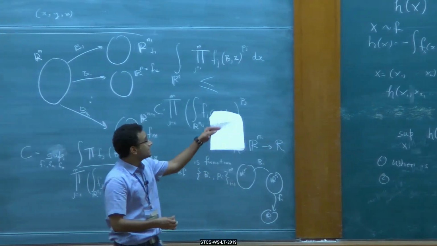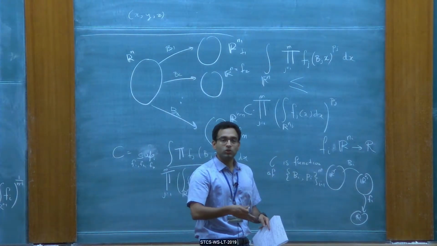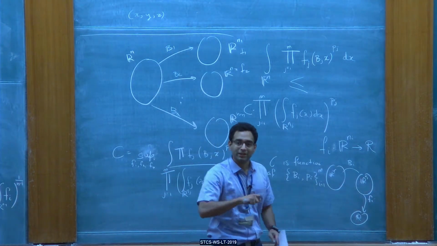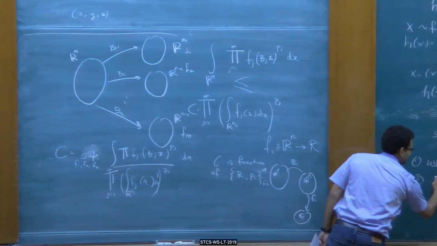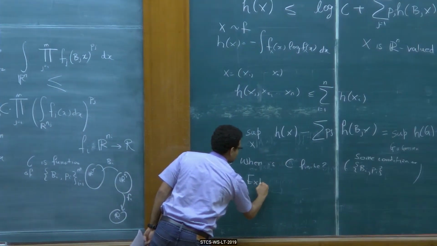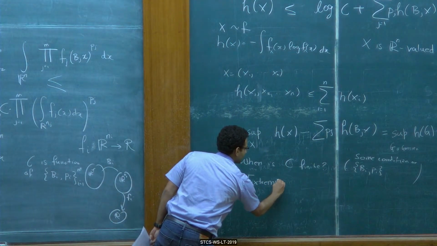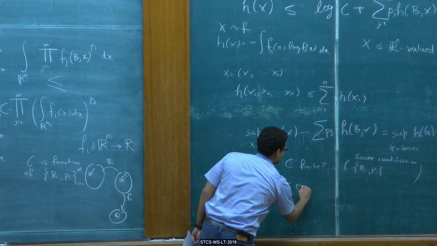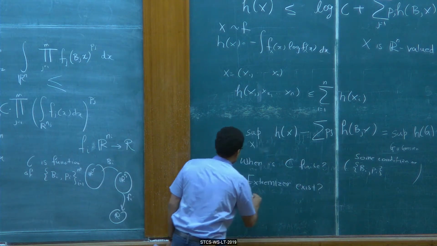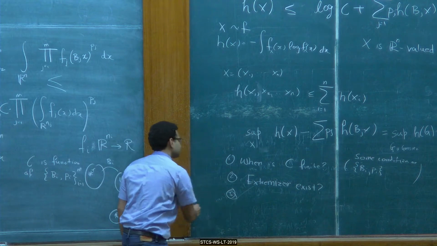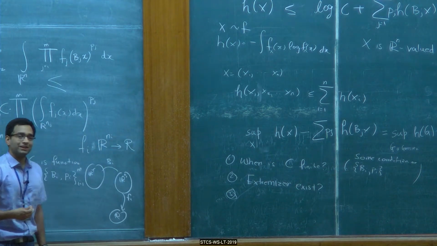Since this is defined in terms of a supremum, it could be that it's never attained, but you're sort of tending to it. So another question is, extremizers or optimizers, do they exist? And the third question would be, if they exist, are they unique in some sense?